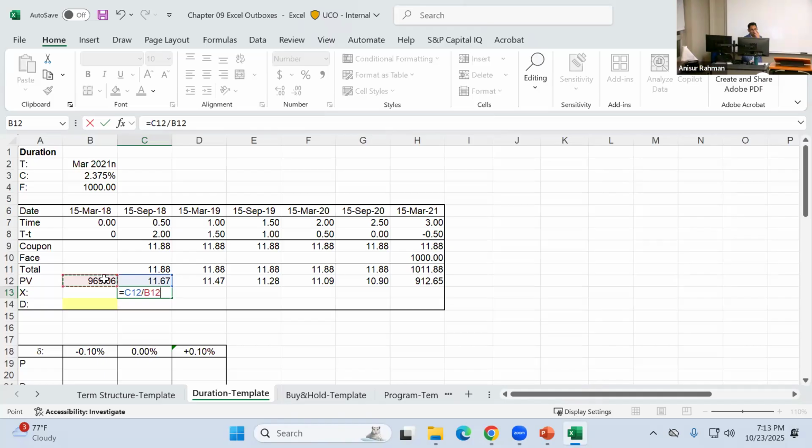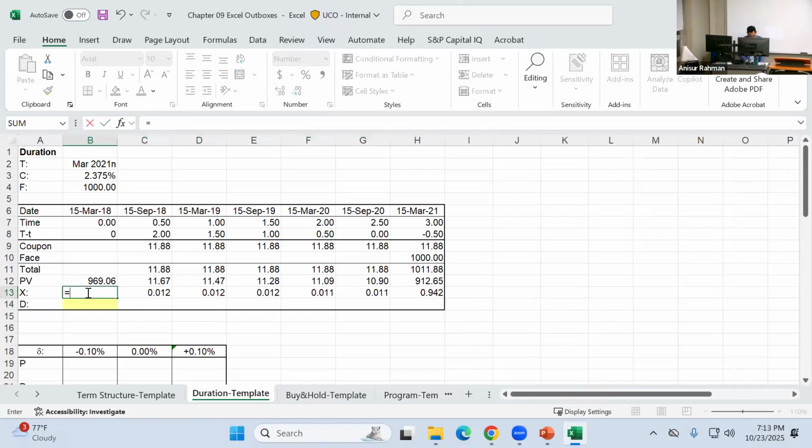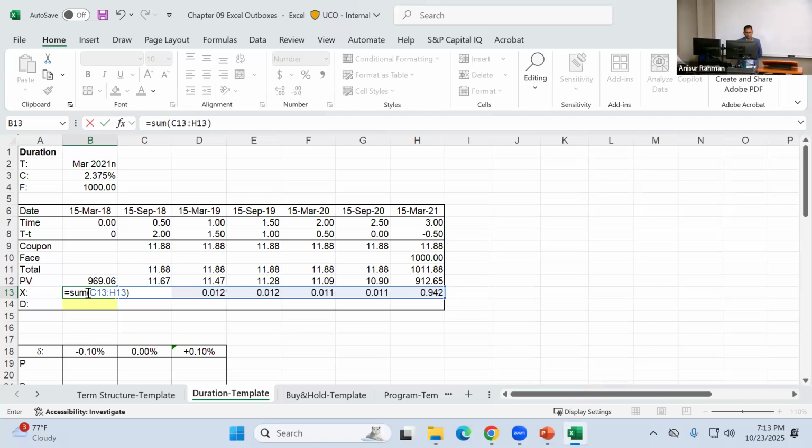And then we are going to lock the column. Pull across. Okay. Now we are going to check if we sum all of this, what should we get? One, very good. Without formatting, yeah.